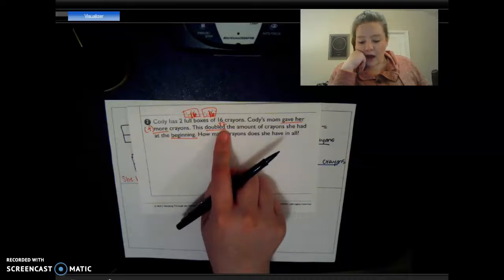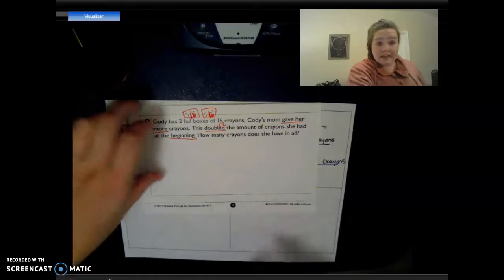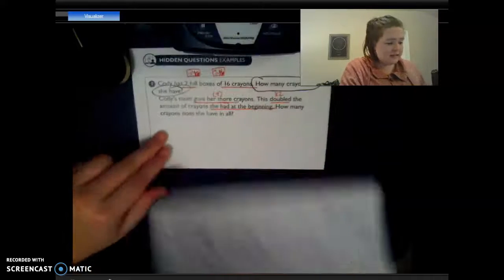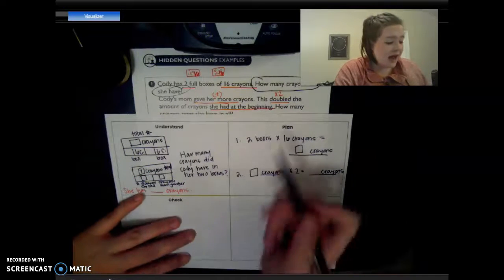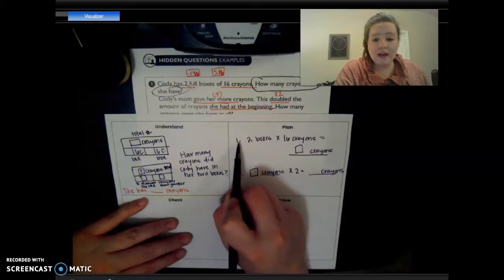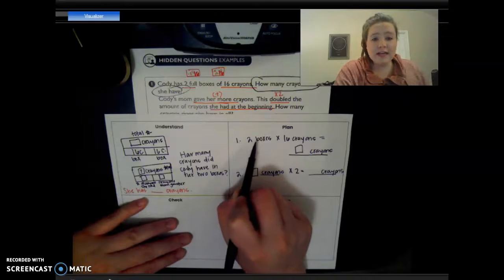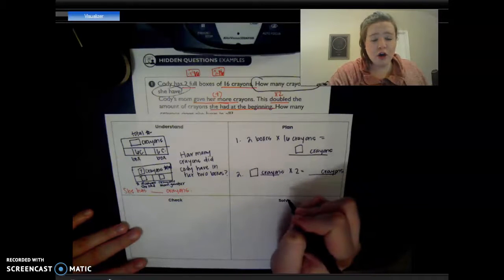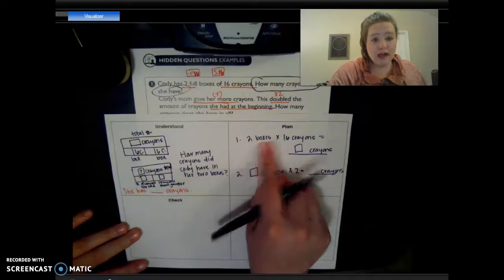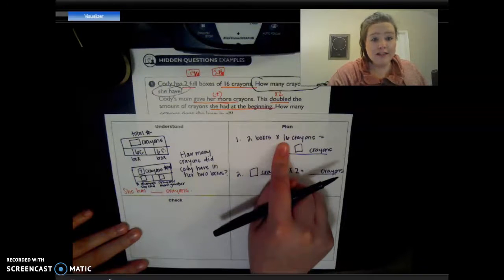So let's move on to solving this problem. I think you can still see it. Let's solve. I know that my first step is solving 2 boxes times 16 crayons. I'm going to go over multiplying by your place value. Doing partial products is what we call this.